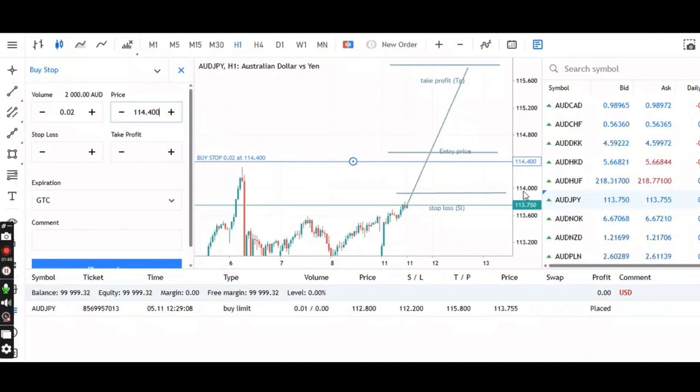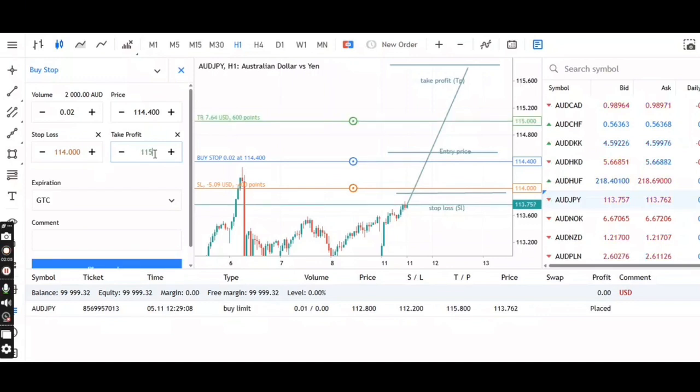I want to place my stop loss at 114.000. And then I want to take my profit at 115.600. So after doing this, as you can see, you have your buy stop order, stop loss, and take profit.